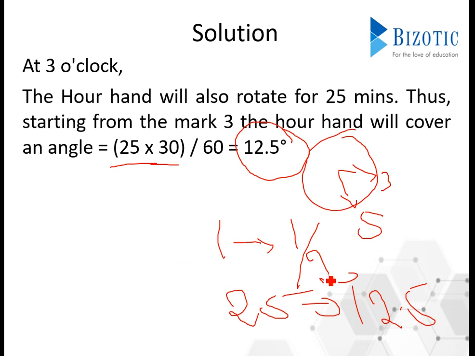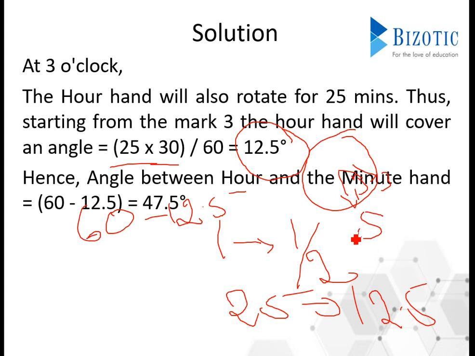Simple. Now subtract this 12.5 from 60 degrees, because you know that this angle will be 60 degrees, but you have to subtract 12.5 because the hour hand is also moving, which will give us the angle as 47.5. That will be your right answer, 47.5 degrees. So this is a way of solving it in a manual method.